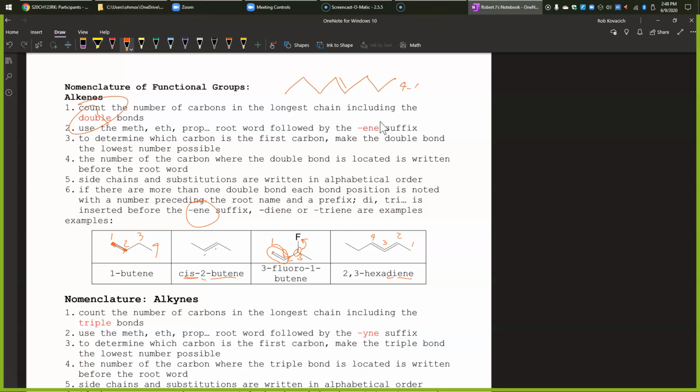Would it be like oct because there's 8 carbons? Yep. Oct, octane. Do you? Because there's a double bond. Oh. Why does the butene down there have cis then? We're going to talk about it in a bit.